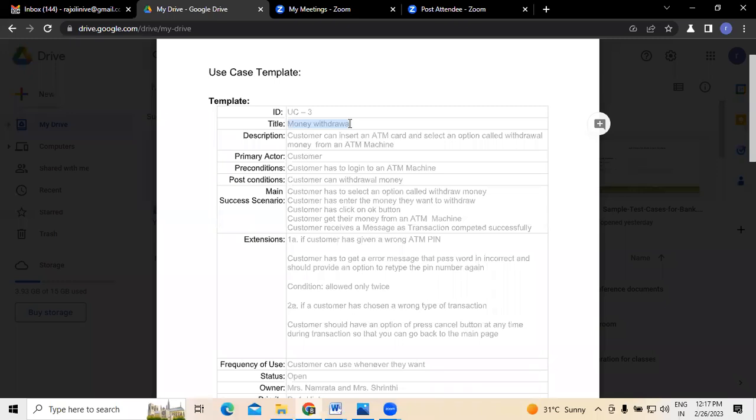What is the precondition? Before you perform money withdrawal, what is to be done? That's what we call the precondition, for example inserting an ATM card into the card scanner. What is the post-condition? The end result is nothing but the post-condition.